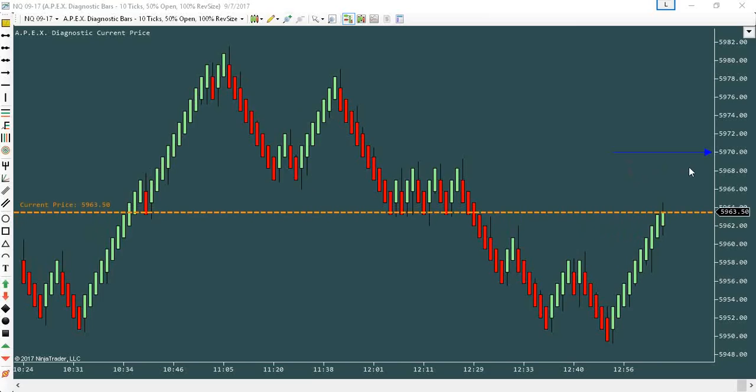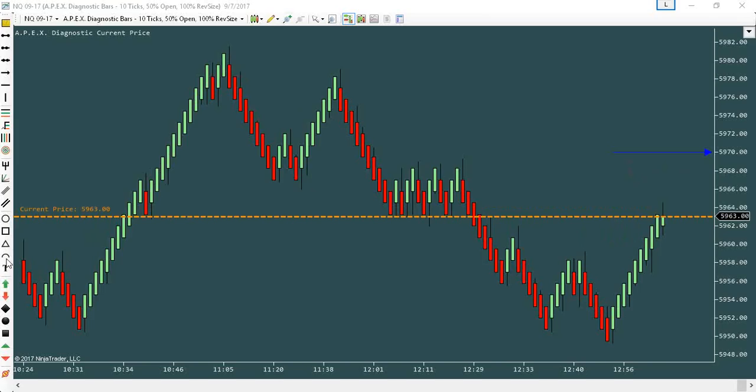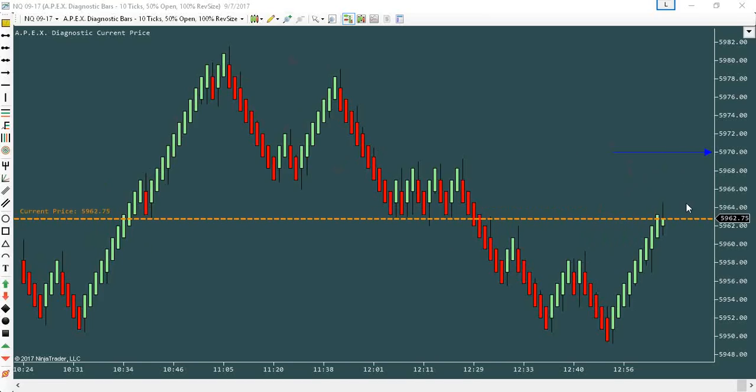So if we know that that can happen in the market, we know it could pull back. What are some possible good things for us to do? Well, we can hold till expiration. One of the great things about Nadex is you can also exit early and take profit early.